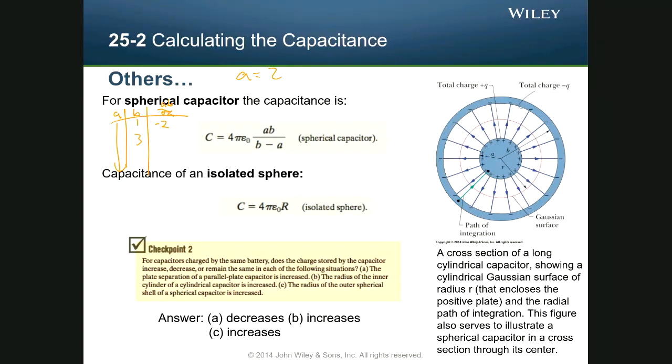we have 6 over 3 minus 2 is, this one actually doesn't make sense because that has a bigger value for one than the other. So physically, if A is 2, 3 is sort of our next integer. So we have B is 3 minus 2 is 1, so that's 6.